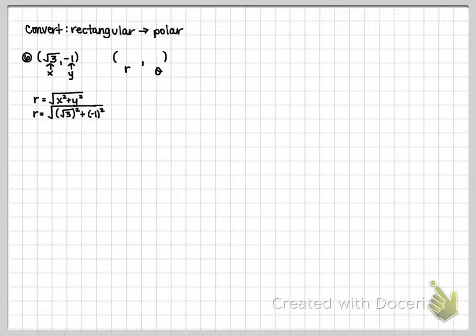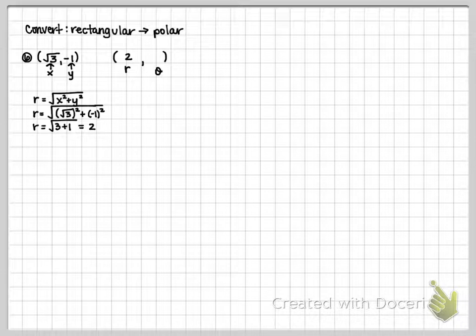Let's extend that bar. So this gives me, well, the square root of 3 squared is just 3. -1 squared is 1. That gives me root 4, but root 4 is just 2. So I know my r is going to be 2.